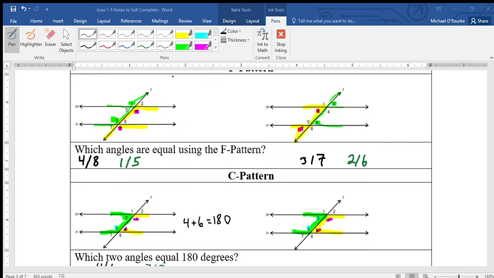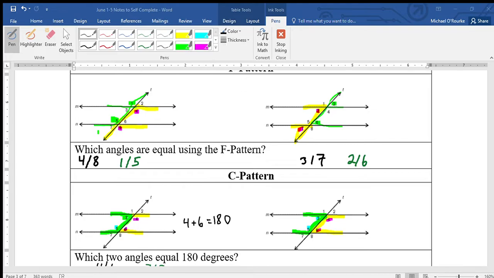So let's start. I'm going to start with Z because I just like it the best. So I'm going to go, okay, here's my Z pattern. Ironically, I put the Z there. So we know this is 61 degrees, Z pattern. Now I'm going to use a different pattern to find what Y is.